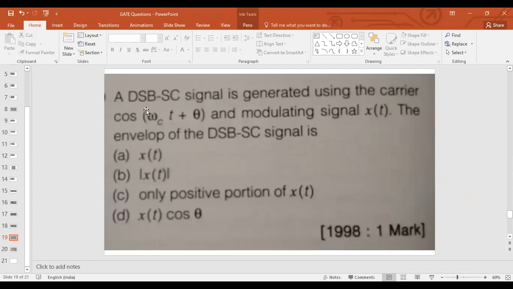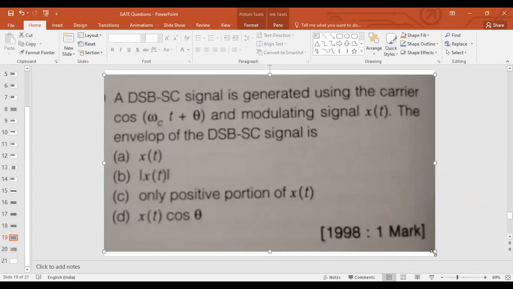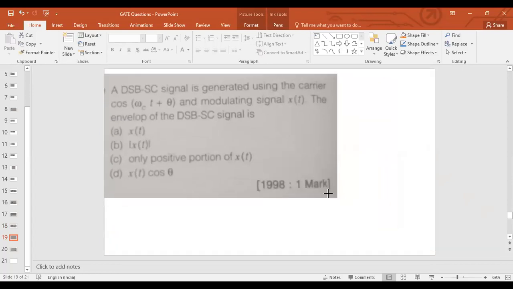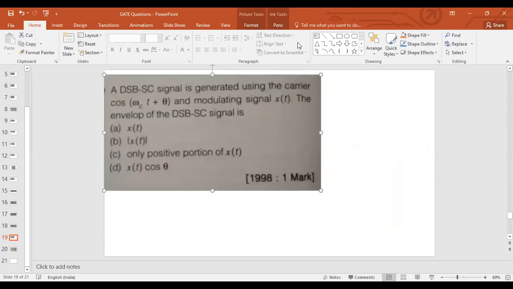So there is a DSBSC signal generated using the carrier cos omega ct plus theta and modulating signal xt. The envelope of DSBSC signal is... Okay. Can anybody tell me?